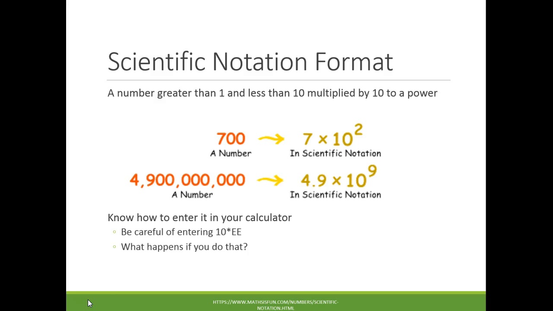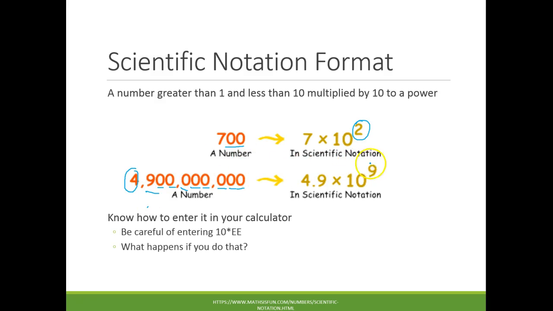One thing I want you to notice is how many zeros we have. So for this number we have 2 zeros and it's 10 to the 2. This number we have 1, 2, 3, 4, 5, 6, 7, 8 zeros, but we want to have just one number to the left of the decimal, so there's 9 things that need to move, and there is a 9 here.